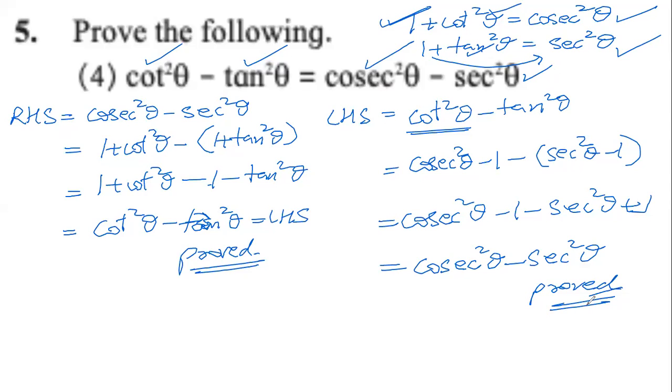Both require 3 steps. But when we start from LHS, we have to do some mental mathematics, which I don't have to do when I'm moving from right hand side to left hand side. Now see, think and tell me which is easier. Will you do it my way or will you do it your way?